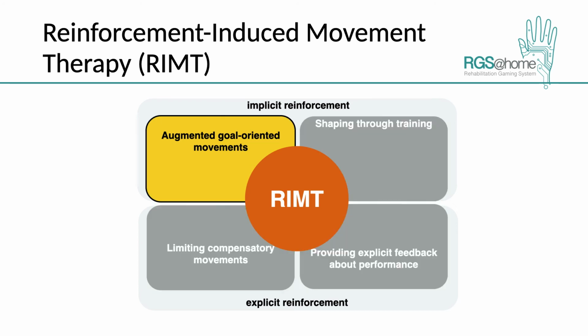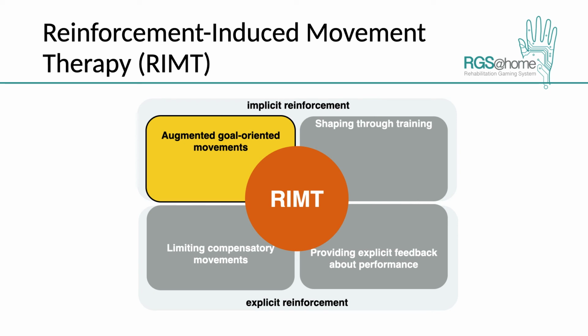So in this case, we now design an experiment, a clinical trial, in which two groups are exposed to a virtual reality-based therapy. The only difference between the two groups is that in one of them, the experimental one, we are going to provide augmented goal-oriented movement. So we're going to explore the effects of this specific component of the reinforcement-induced movement therapy.